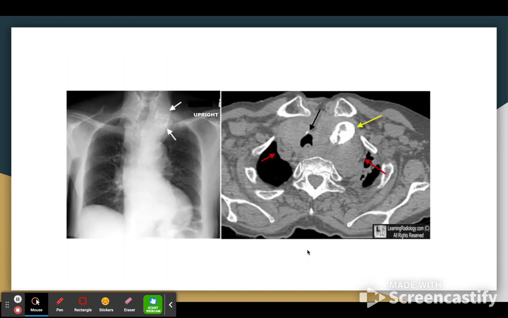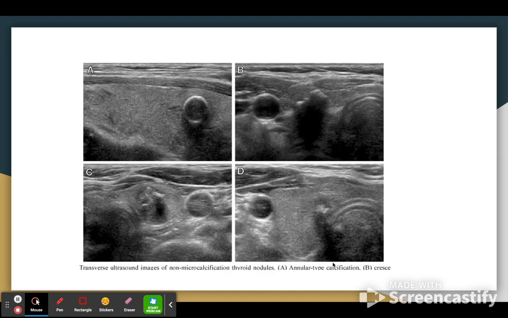And then here are some pictures of other modalities that can show thyroid calcifications. So you can see right here. And then here, I always like to include what it could also look like. So it can look like a little ring right here.